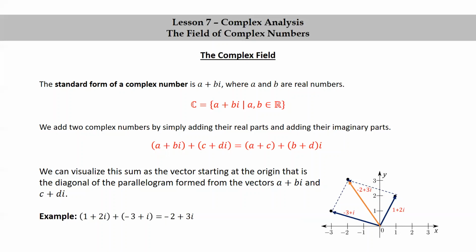You could see those with dotted lines, dotted arrows, to form a parallelogram. And then we draw the vector starting at the origin and ending at the far vertex of that parallelogram to get the sum, which is negative 2 plus 3i.